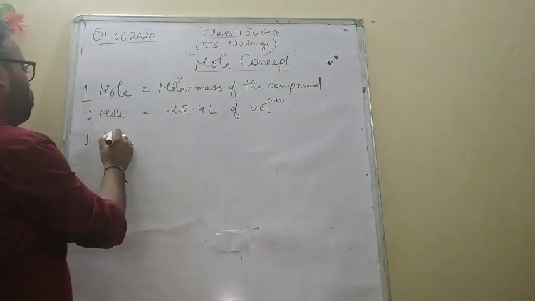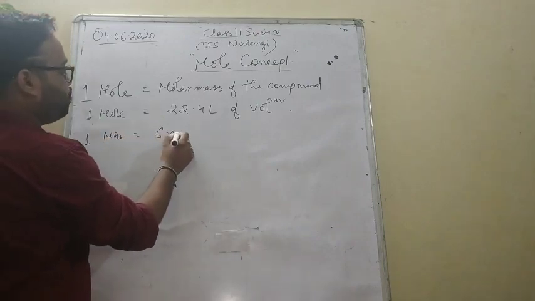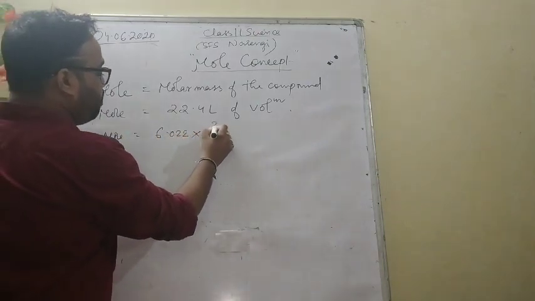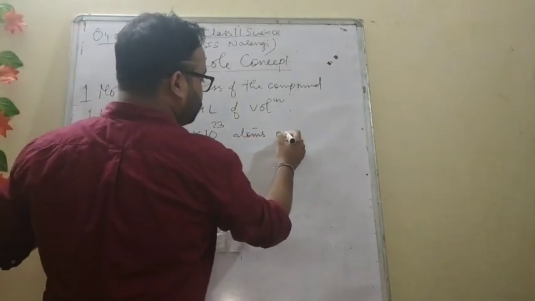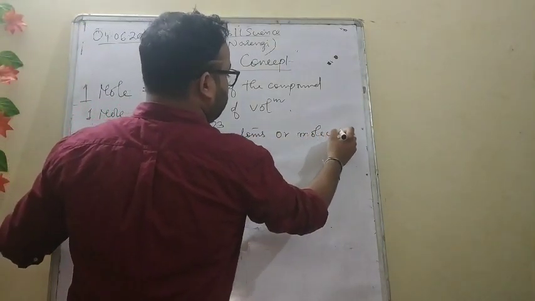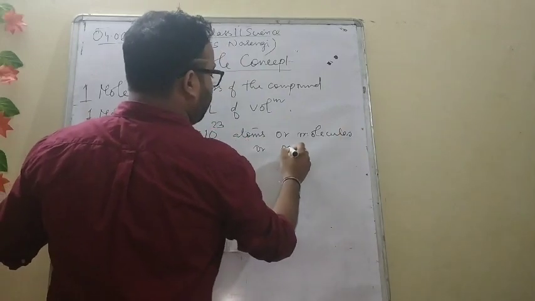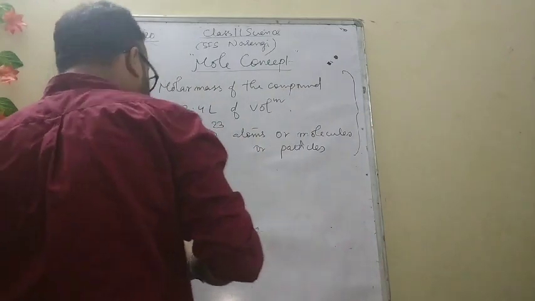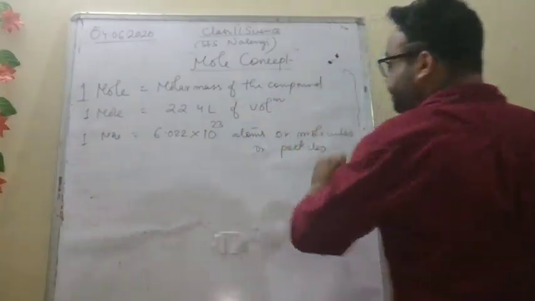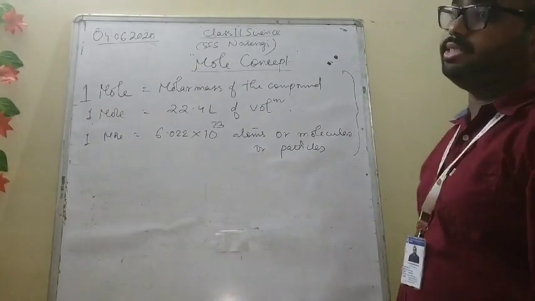And 1 mole is equal to 6.022 into 10 to the power 23 atoms or molecules or particles. This is the entire mole concept.